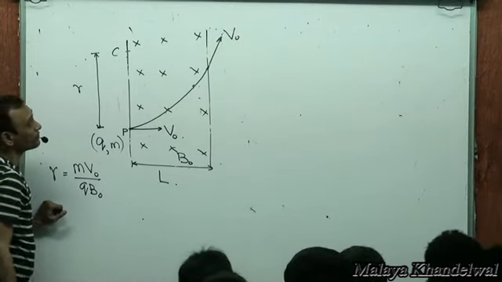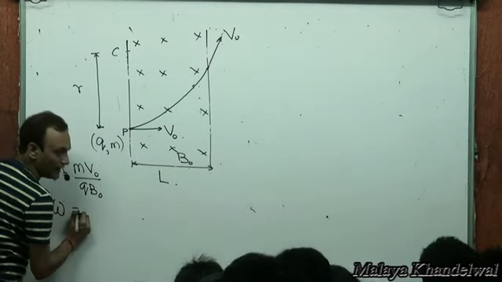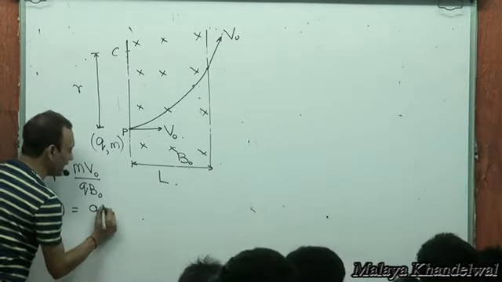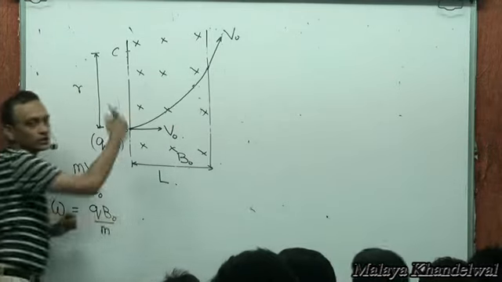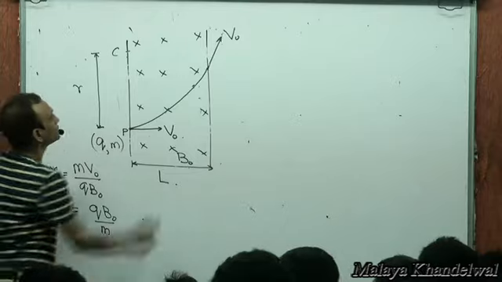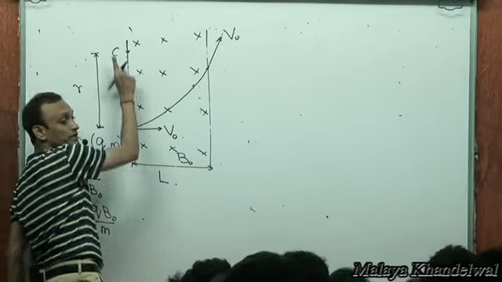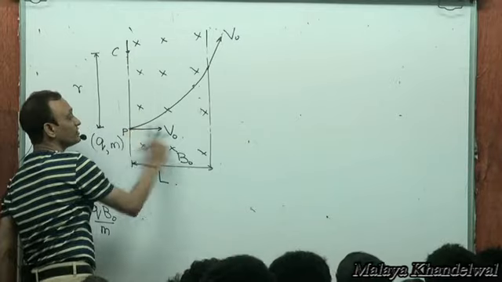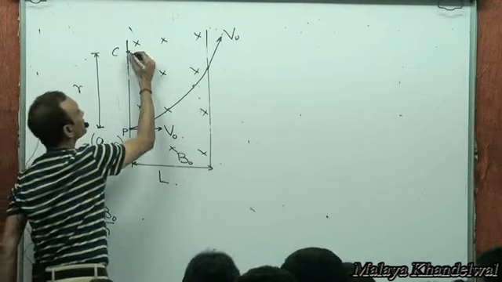And it will have an angular velocity omega, which would be Q B naught by M, the angular velocity with which it executes this arc. This is the center of the circle, because this is the direction in which it experiences Q V cross B. V is like this, B is like this, so V cross B would be towards C, right?